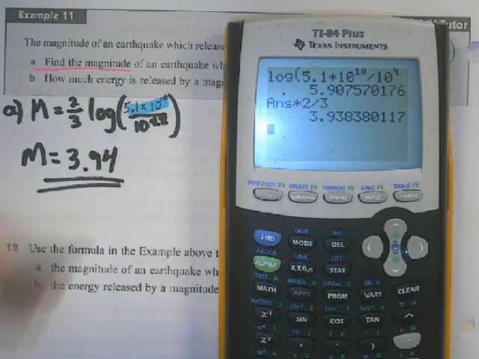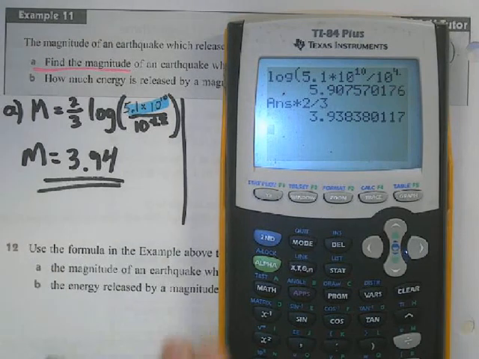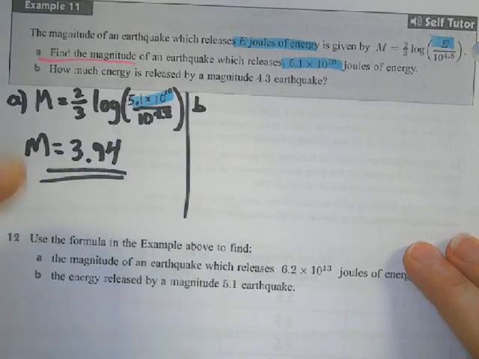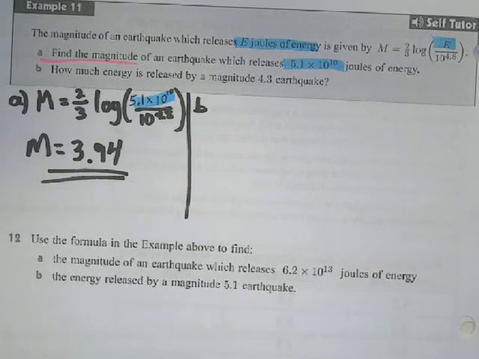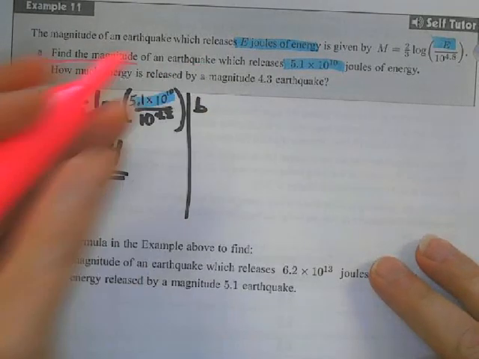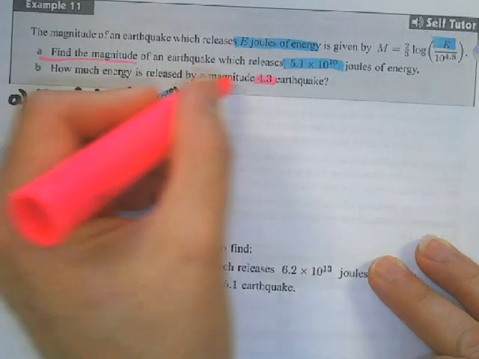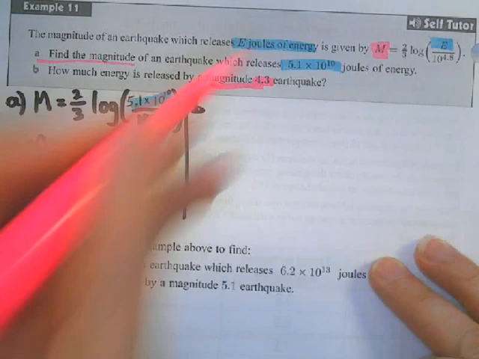For question B, it's a little trickier. How much energy is released? They've given you that the magnitude is 4.3.